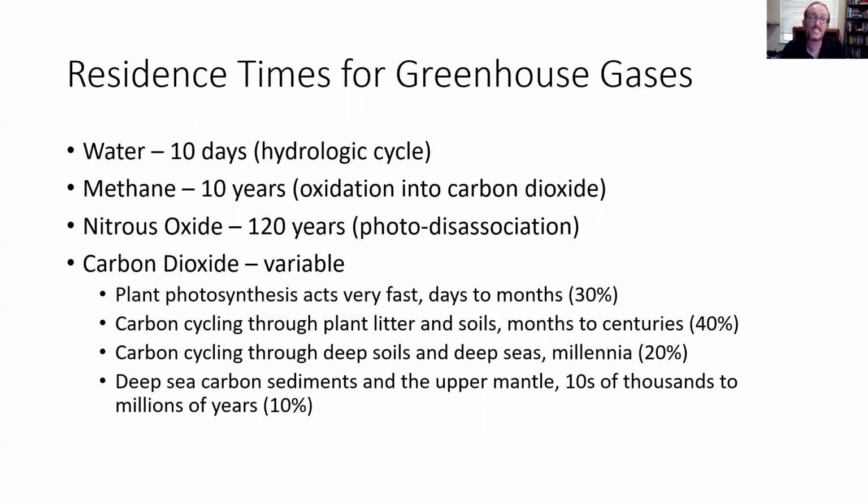So there is a residence time for solar heating of the planet, right? On the scale of a day, we get that residence time in the planet. Long term, we could talk about that influence, but we could look at it like the residence time of the day. We get heating and then we get loss, and we get heating and then we get loss. Water is on the scale of about 10 days.